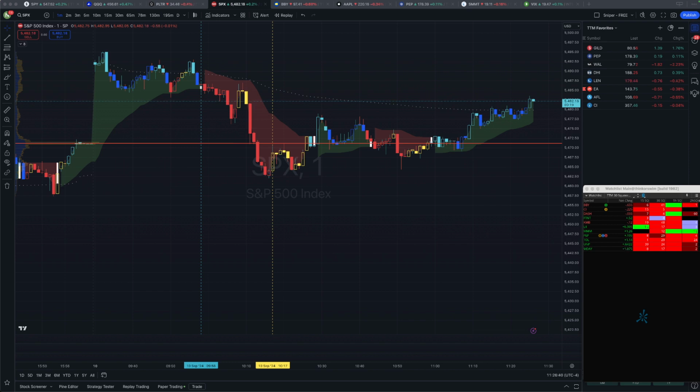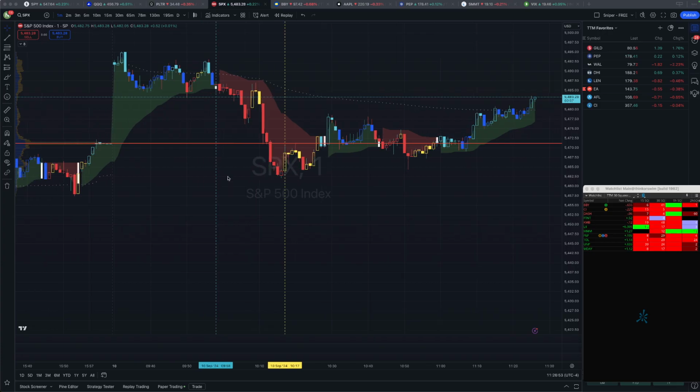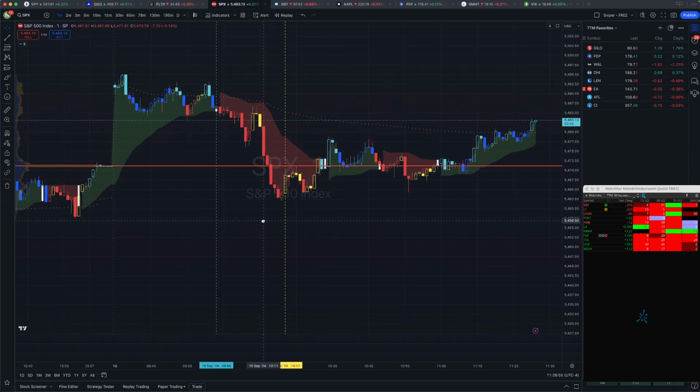In that last hour of the trading day, really what I try to do is, my window for these is usually about... I don't like to take them within the first 30 minutes of the day because there's a lot of volatility, and usually you have to wait for that volatility to settle in.